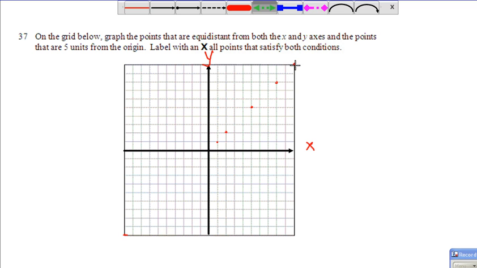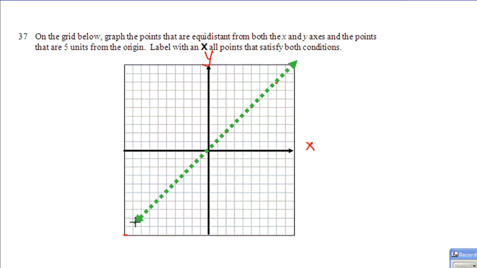So that's basically what's happening here. Now, same thing on the other side also. So these green dotted lines are the collection, the locus of points that are equidistant from x and y.